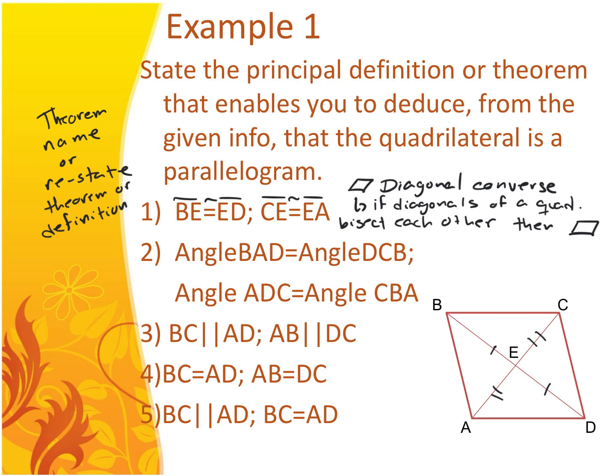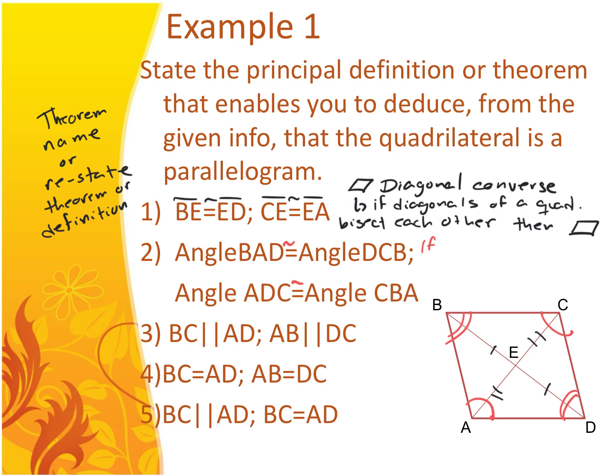Now, for the second one, they're telling us that angle BAD, so this whole one right here, equals angle DCB, which is this one right here, and angle ADC, this one right here, equals angle CBA. Again, they forgot the little congruent sign, but it's okay. So we can say that, I'm going to write both ways, the long one for the definition and the name of the theorem or the converse.